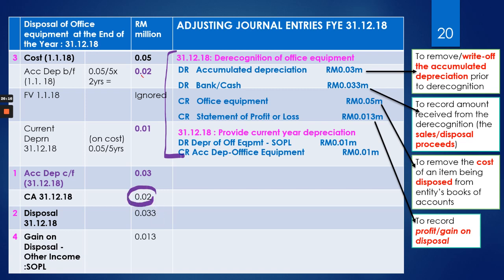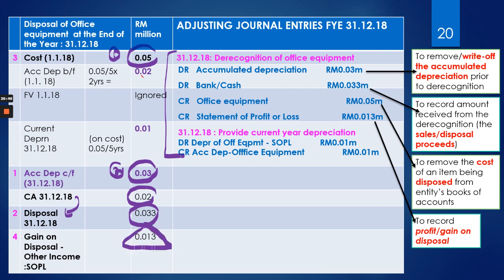To find the carrying amount, of course, you need to know what is the cost and what is the accumulated depreciation. So cost less accumulated depreciation, if you take that, you get 0.02, which is the carrying amount. That carrying amount on the date of disposal will be compared with 0.033, which is the selling price, the disposal proceed. As a result, there is a gain on disposal.